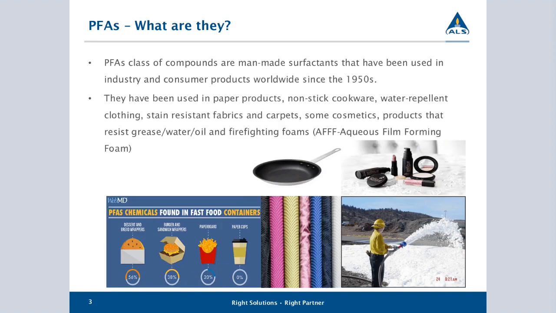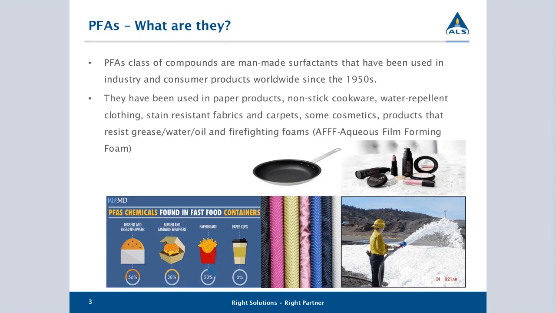So they're man-made surfactants that were made in the 50s, and they're used in industry to create other products. So PFAS compounds are not an end product that you would find on a store shelf. They are used to make the products that you would use. Some of the products that PFAS was used in making are paper products, such as sandwich bags.